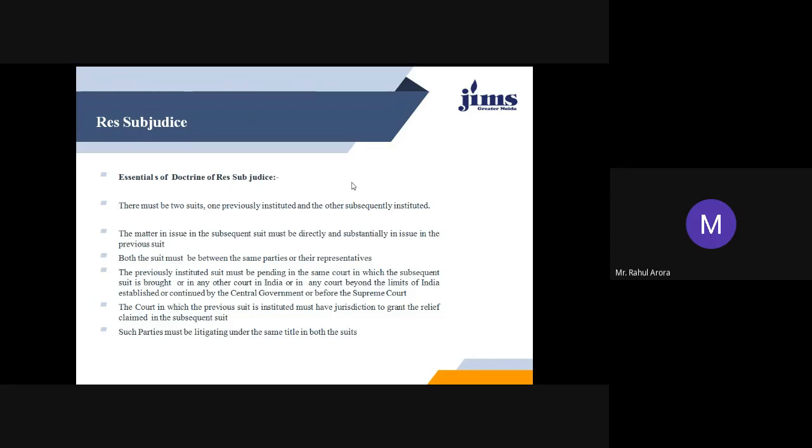Next, the court in which the previous suit is instituted must have jurisdiction to grant the relief claimed in the subsequent suit. Next, such parties must be litigating under the same title in both the suits. So these are the essentials of doctrine of res subjudice.